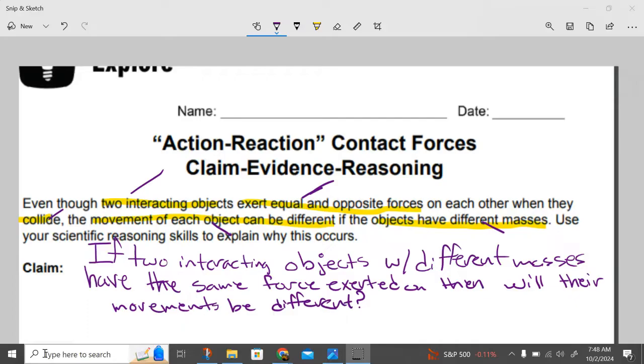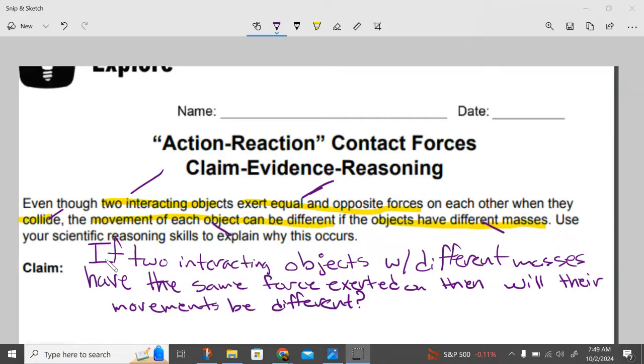Now, what I would do, this is just a hint, I would take that question and my claim and put them together, right? And instead of saying if, I would say when. So when two interacting objects with different masses have the same forces exerted on them, they will have different movements or they will have the same movements, right?